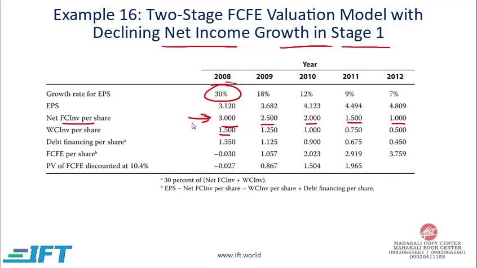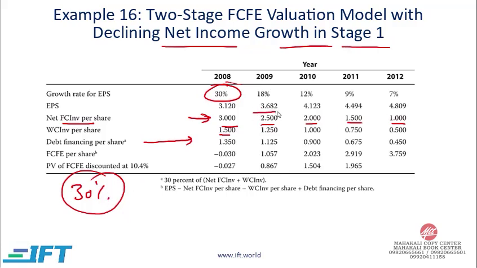So the slightly tricky item here is to compute the debt financing. So what is the net borrowing every period? And how do we do this? To come up with net borrowing, we need a debt ratio, and we are given that the debt ratio is 30%. This is also given in the question. So if the debt ratio is 30%, then what's your net borrowing on a per share basis?